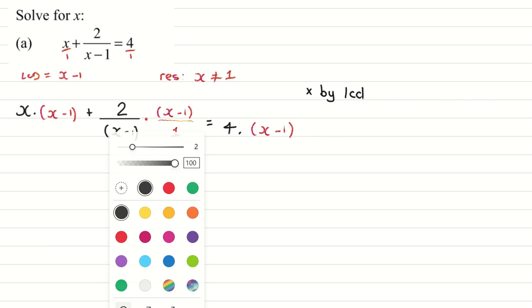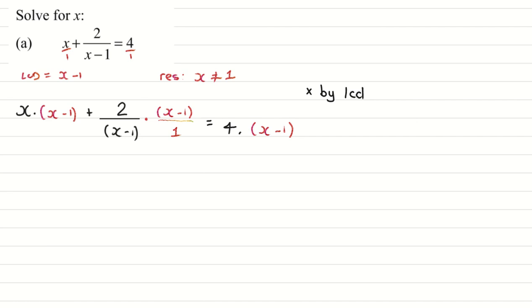So let's do this together. Okay. So we're going to go ahead with the first section. We go x squared minus x. Plus, this will now cancel. We have one term over one term. So this is just plus 2, all equal to 4x minus 4.